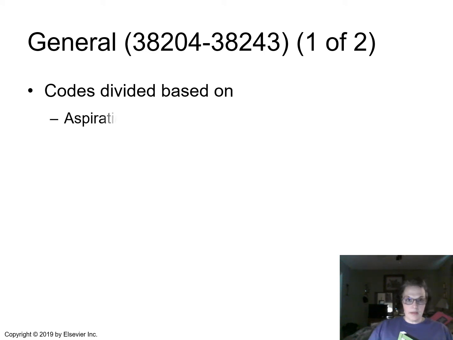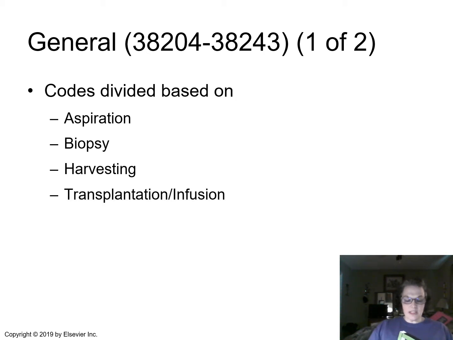Now we're going to talk about our general codes. Generals are divided based on aspiration, biopsy, harvesting, transplantation, and infusion. Okay, I'm going to give you questions 3, 4, and 5, and I'm going to go very slowly and repeat.